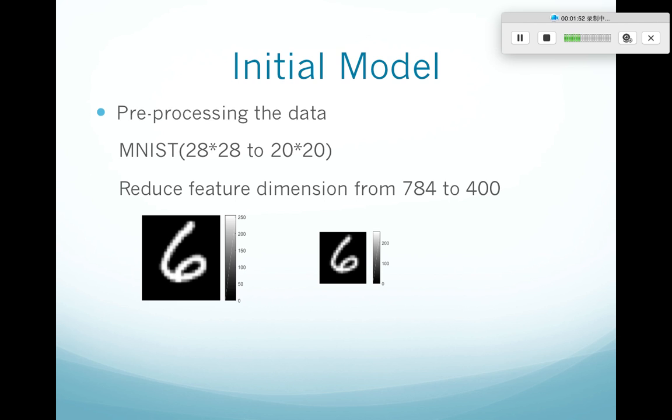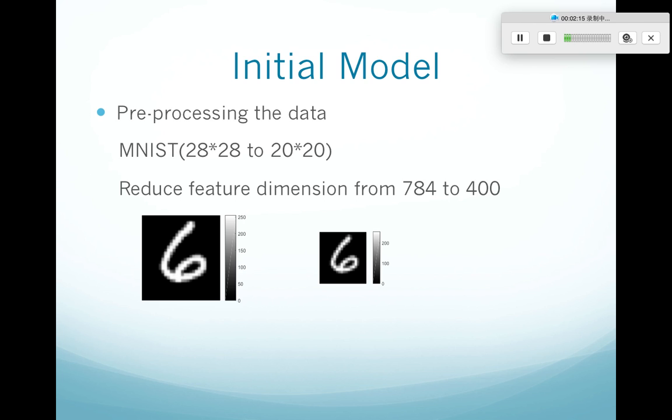Then I resize the 28 by 28 pixels into 20 by 20 pixels, so I can reduce the input features from 784 to 400. And I randomly choose 20,000 examples from the 60,000 examples to speed up my training process.